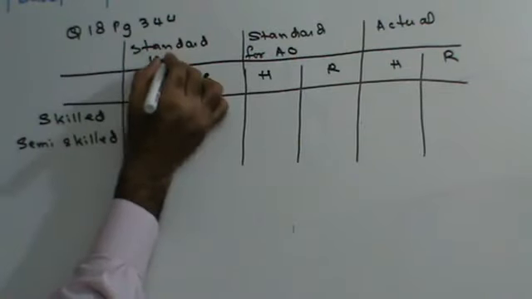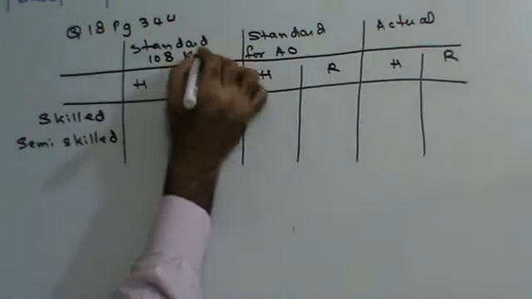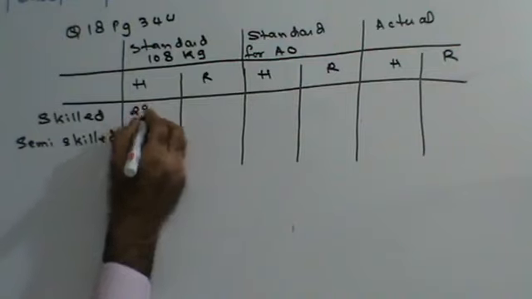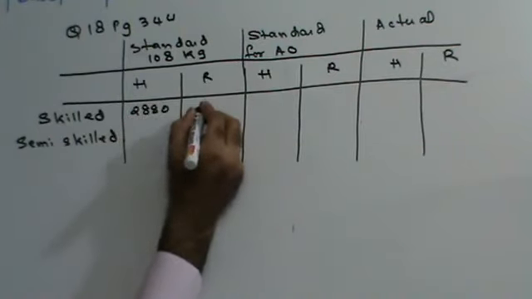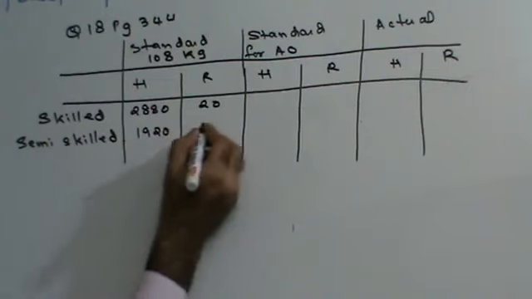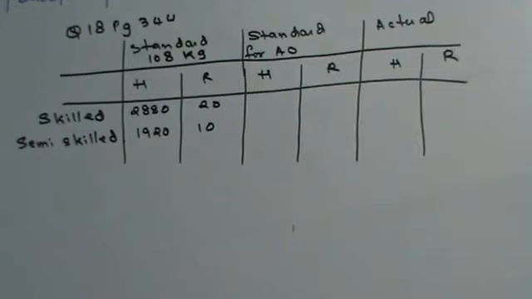Standard output is 108 kgs. For skilled labor, it is 2880 hours at the rate of 20 and semi-skilled labor is 1920 hours at the rate of 10.